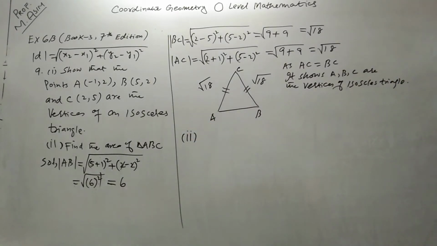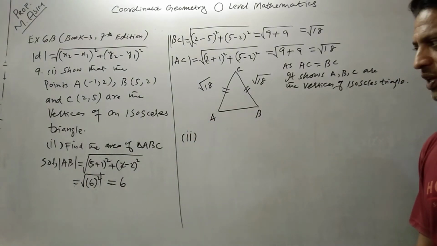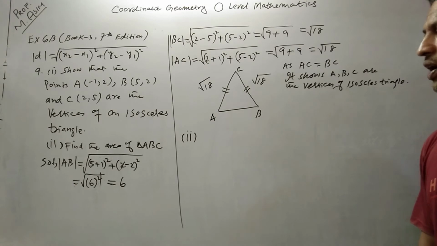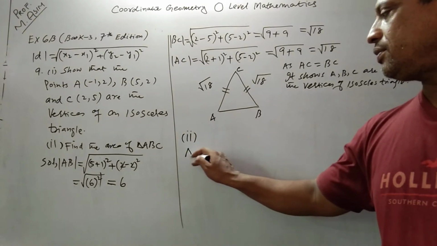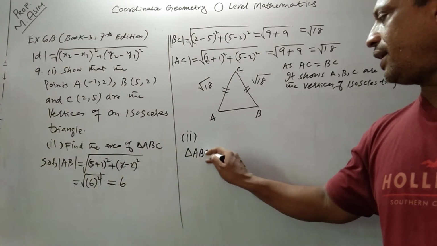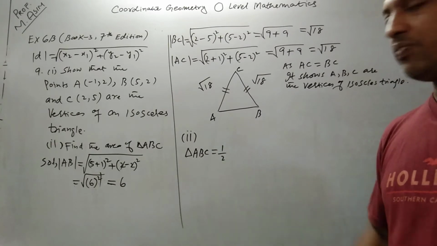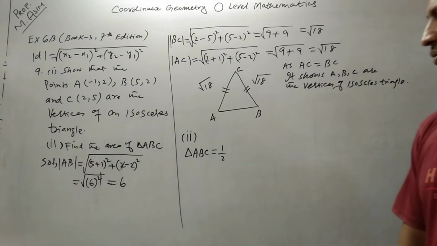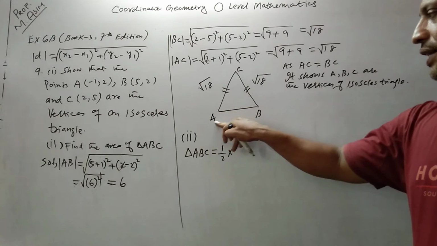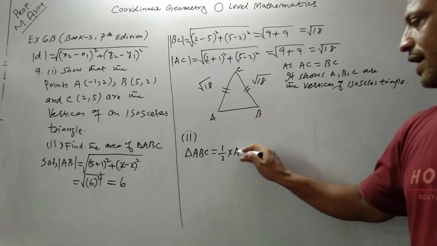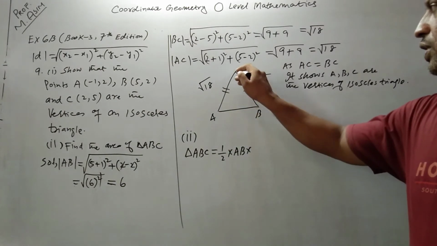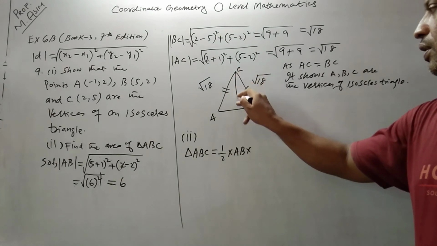What is part 2? Find the area of triangle ABC. Again I repeat, when you find the area of triangle ABC, you must have the height. So if you take this AB as base, so this should be the height.